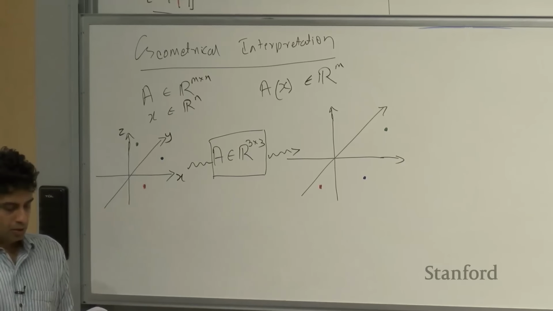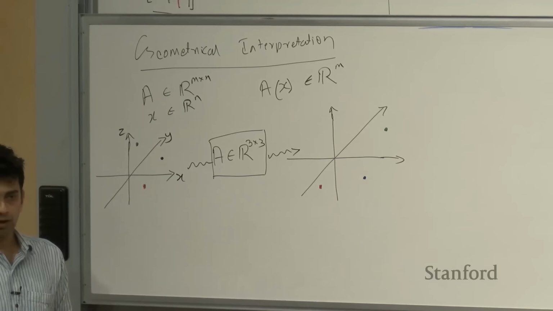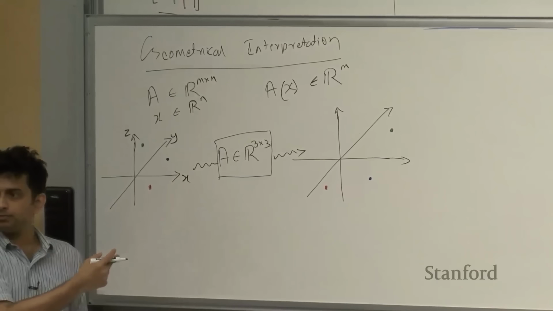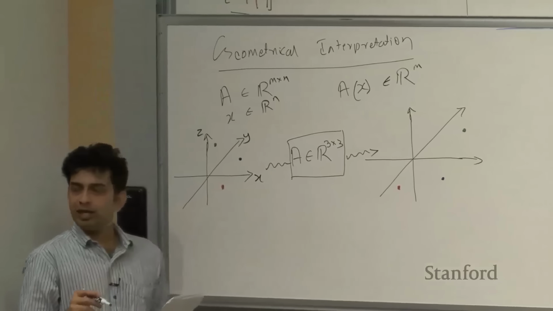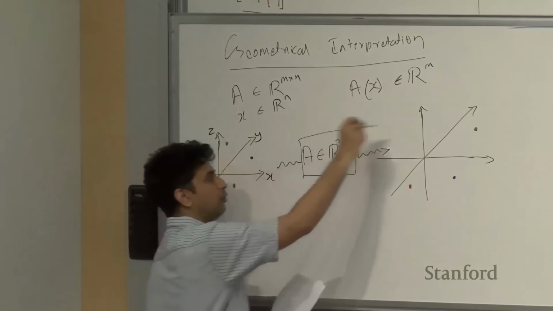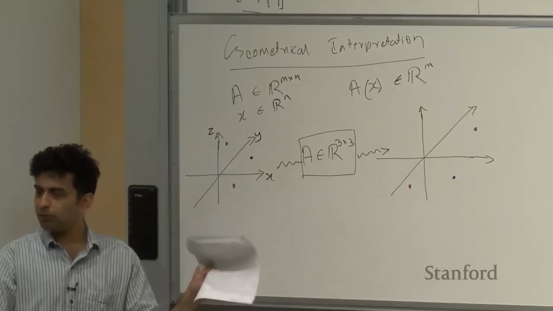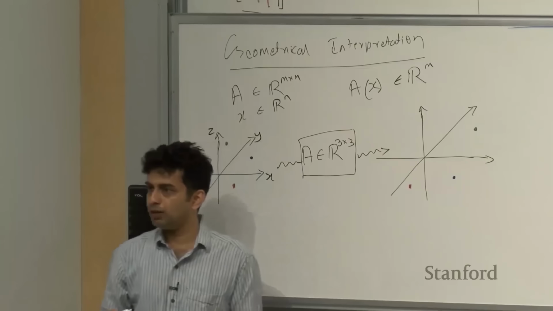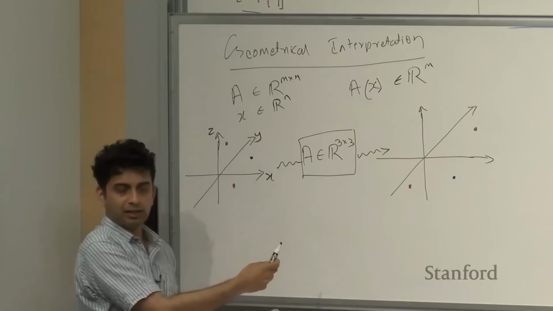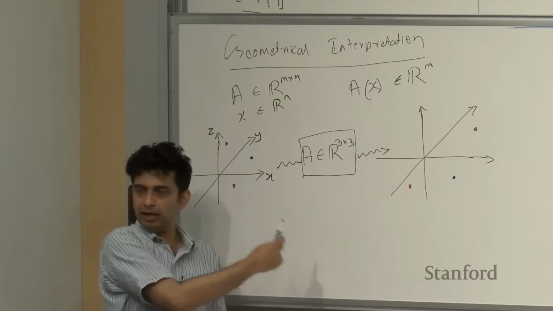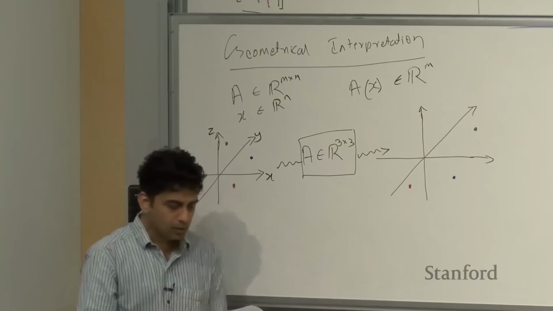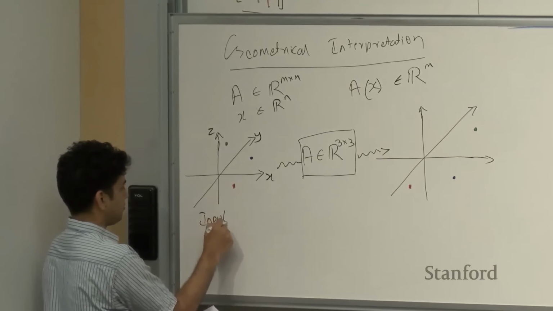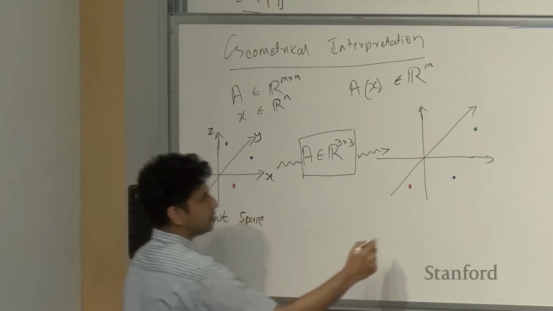Now, if A is full rank, which means its rank is 3 in this case, there is going to be a unique one-to-one mapping between every point in the input to a corresponding point in the output, right? If A is such a matrix that makes such a one-to-one mapping possible, A is a full rank matrix, right? Now, this is the input space. This is the output space.